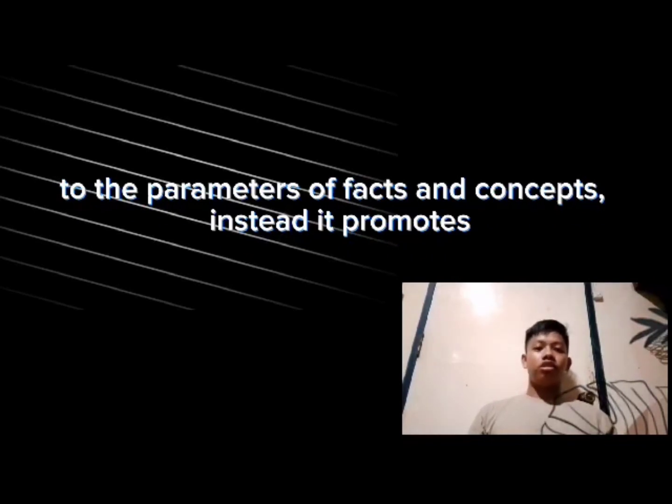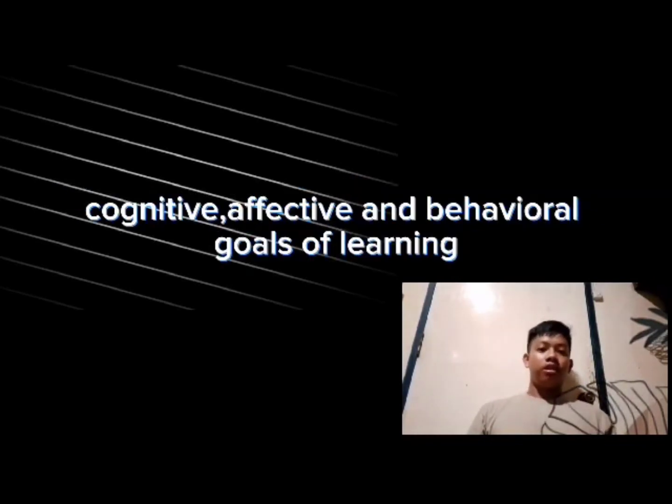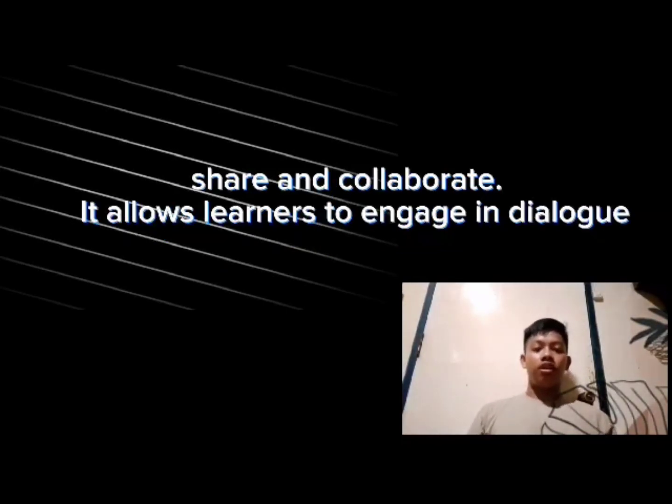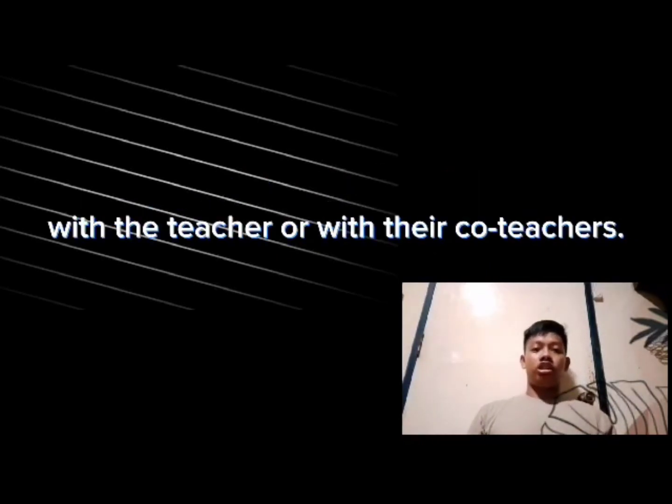Instead, it promotes cognitive, affective, and behavioral goals of learning. And participatory education means allowing learners to inquire, share, and collaborate. It also allows learners to engage in dialogue with the teacher or with the co-learners.